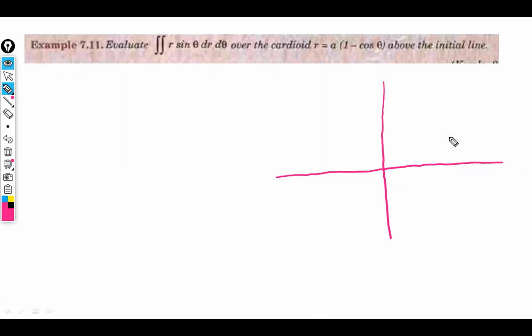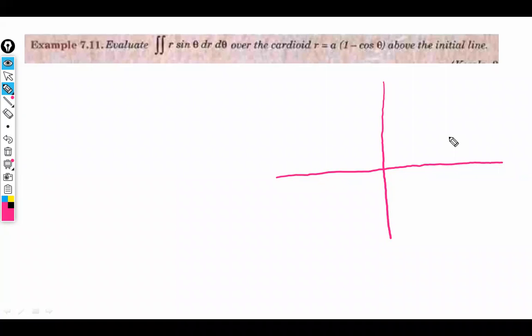Now, which type of cardioid is this? Little louder, you are not audible.